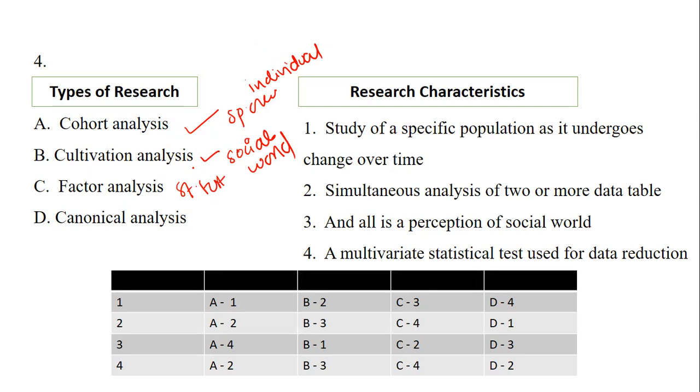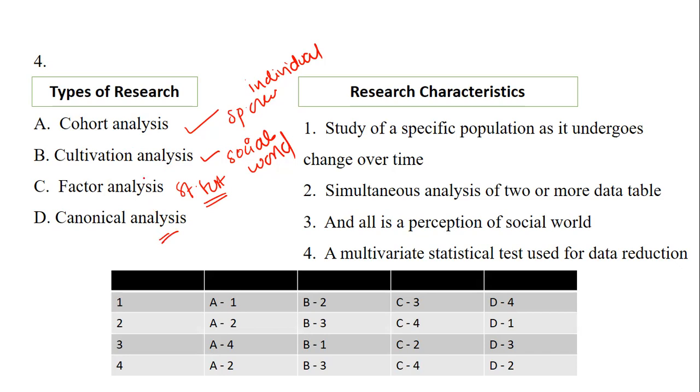Basically, it is known as a test which will help to reduce complex data into a number of parts. And canonical is a statistical analysis of two or more data tables. For example, if you want to analyze two or more sets of variables, you can do that with the help of canonical analysis, right?